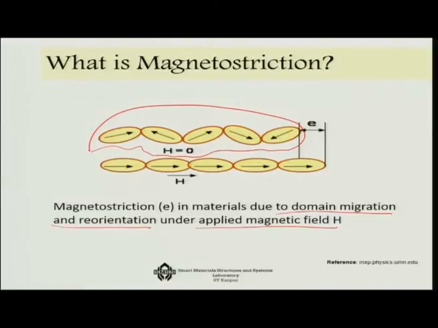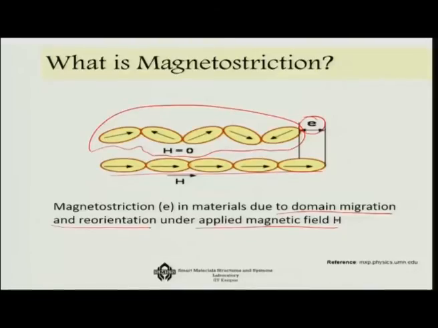The moment you apply the magnetic field, they will all get properly aligned, and that would create an expansion in the system. As a result, you observe magnetostriction in the system. So, this kind of mechanical deformation which happens due to domain migration and reorientation in this type of material under applied magnetic field H is what is actually magnetostriction.